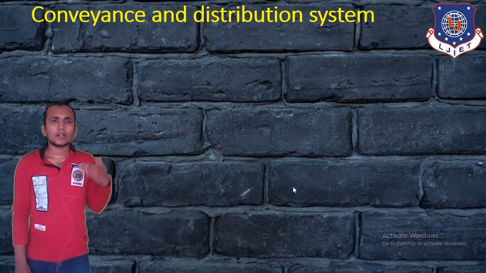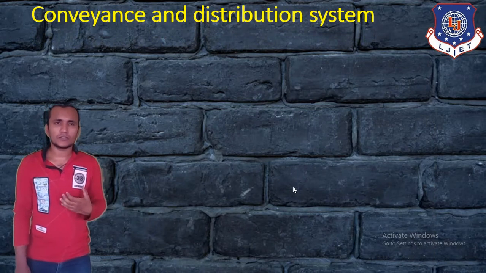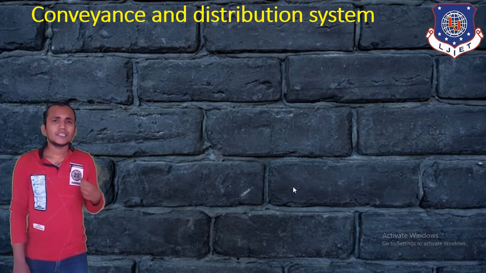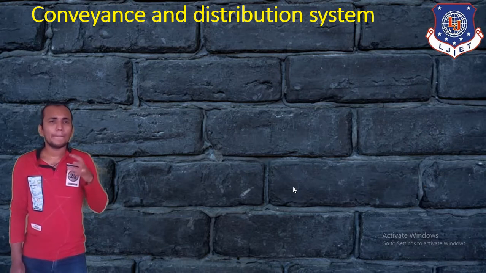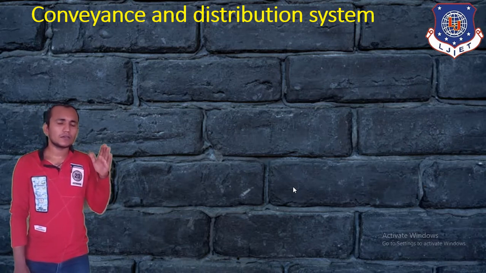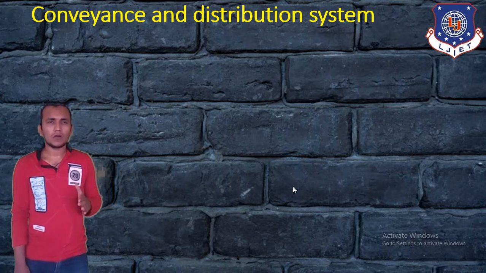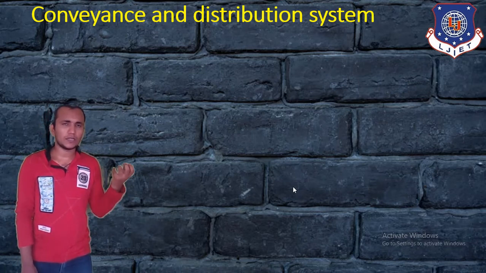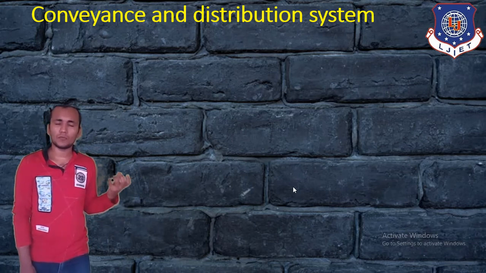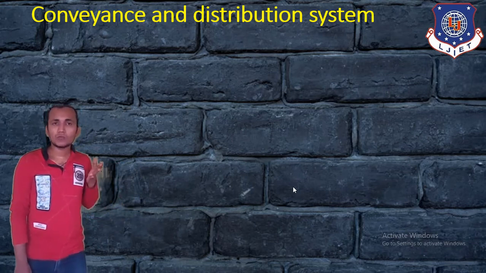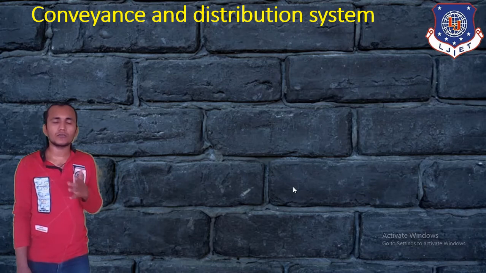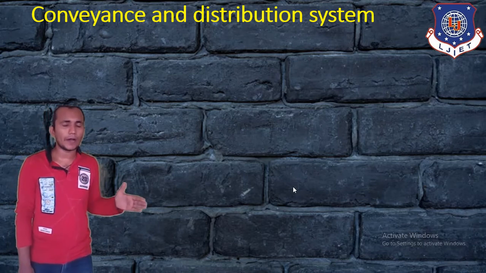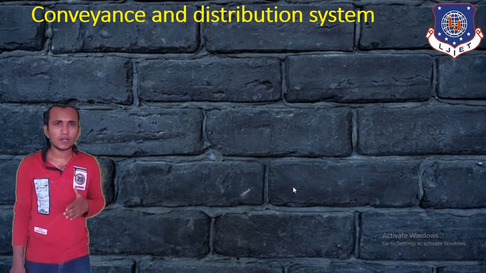Then the conveyance and distribution system. The conveyance and distribution system is a main part of irrigation management, because we have to collect this water in a reservoir or river, then we have a pumping station. Now we have to distribute this water to different areas, different farms or different field applications.